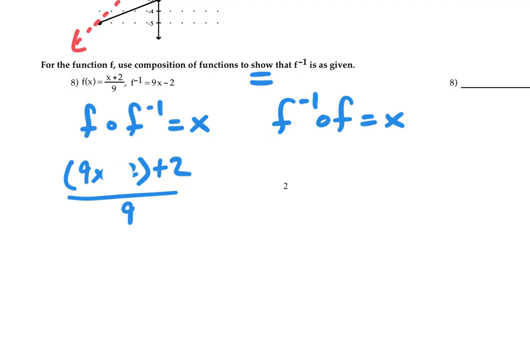I wrote it down wrong. So as we look at this, all we got to do is show that they equal x. These 2 cross off. And they equal x.